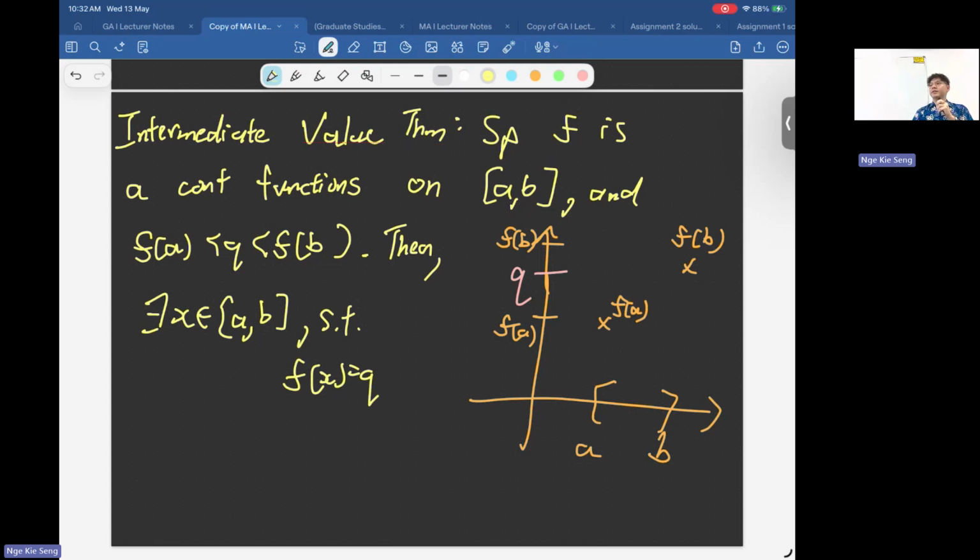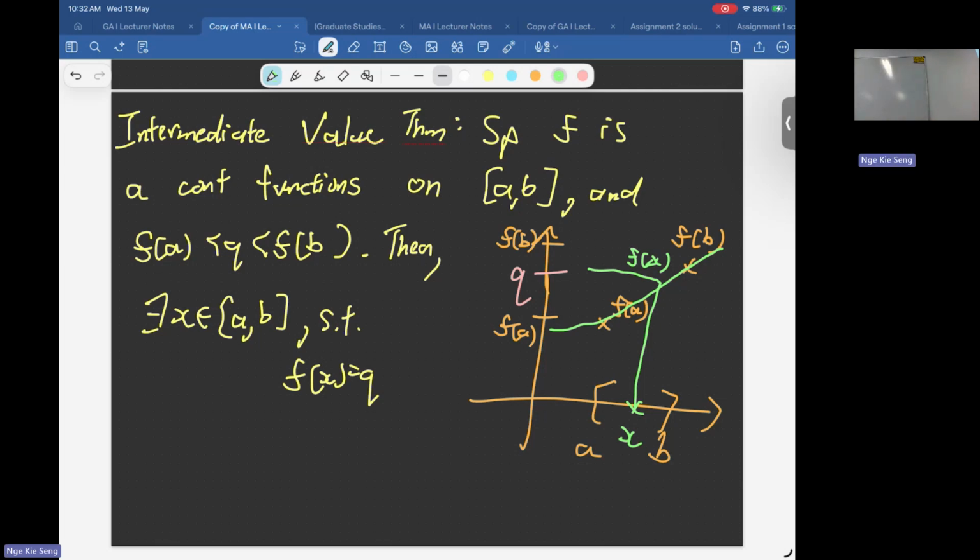What does that mean? That means this function will attain this q here by some x. Intermediate value theorem: I can hit all the values in between.